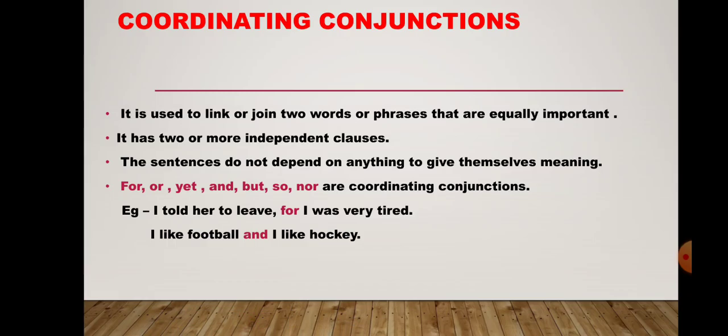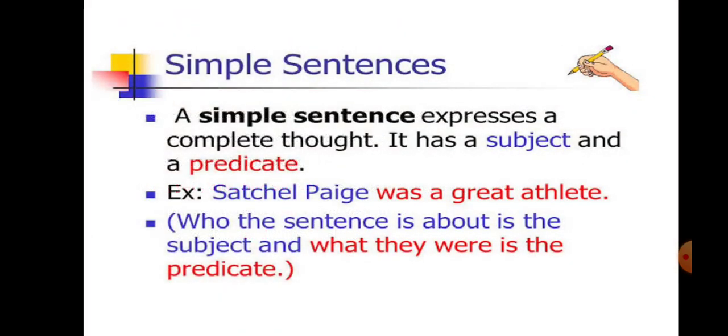Let's start kinds of sentences. First is simple sentences. A simple sentence expresses a complete thought. It has a subject and a predicate. Example: Satchel Paige was a great athlete. In this sentence, who are we talking about? Satchel Paige.